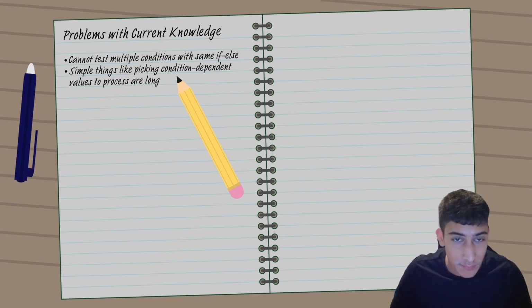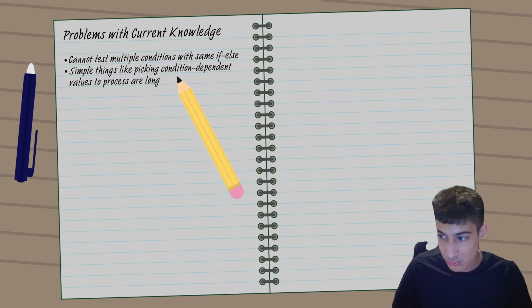And additionally, if we're just picking a value based on a condition and not running a whole block of code, then writing if else is kind of long and tedious. So we probably need a shorter way of doing it.